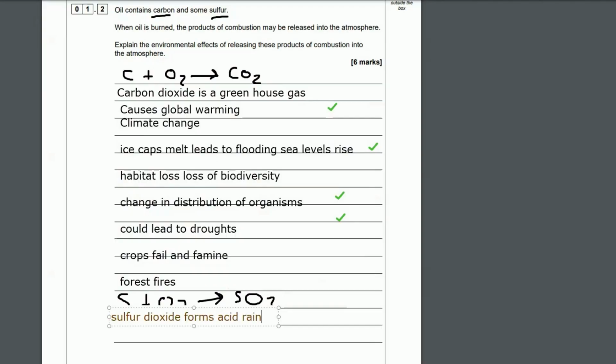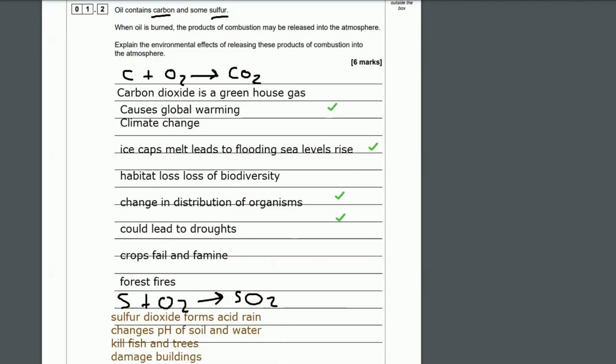Basically, it reacts with water in clouds, forms acid rain, changes pH of soil and water, and that will kill fish or any marine organisms, doesn't just have to be fish, and trees. So that's going to further increase, destroying the trees is deforestation. It's going to contribute to global warming as well, very indirectly. But sulfur dioxide, of course, acid rain changes the pH of the soil and the water. It could kill fish, kill trees, damage buildings, things made of limestone, damage cliffs, damage rocks.